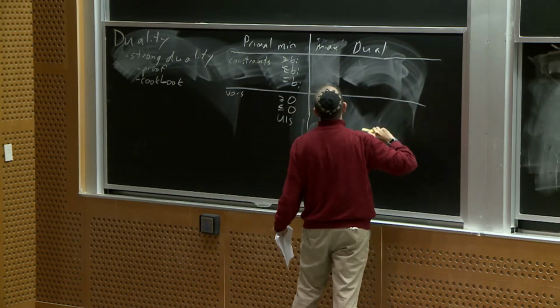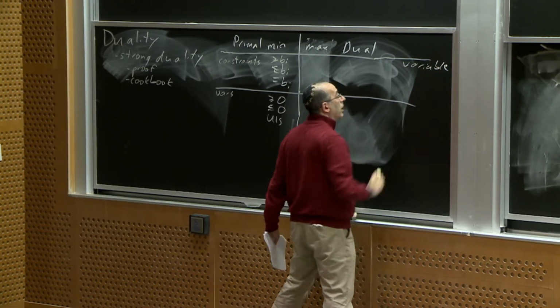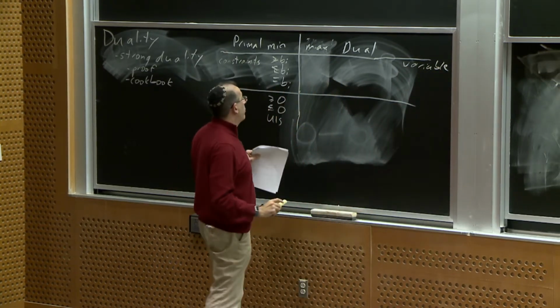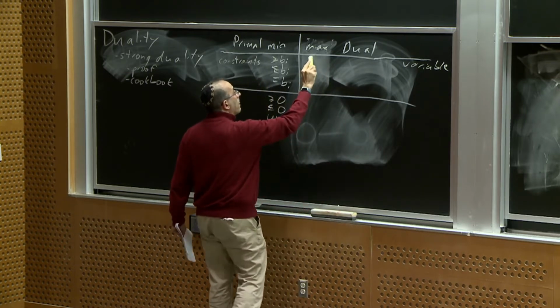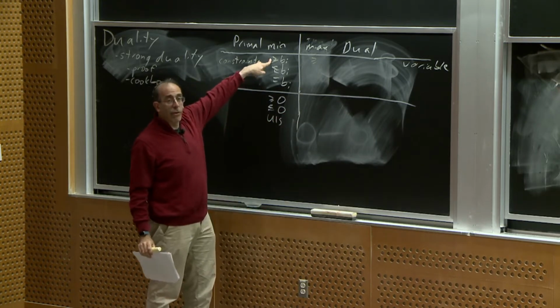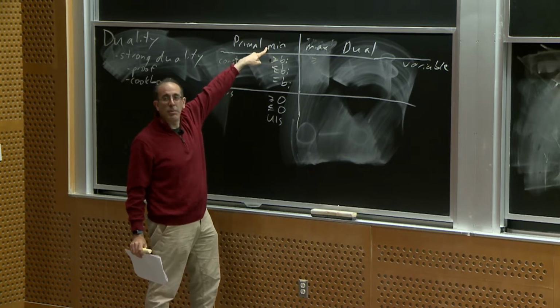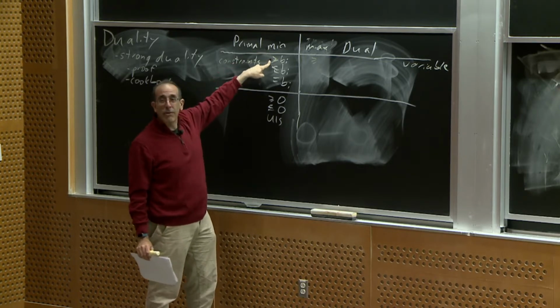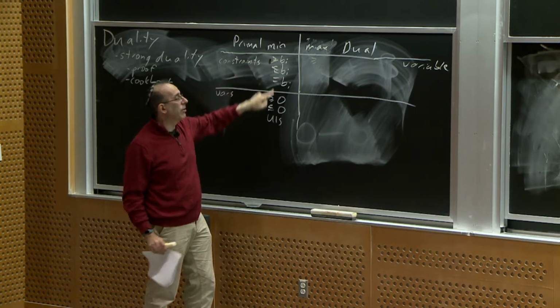And what we know is that every constraint in the primal problem corresponds to a variable in the dual problem. And if the constraint is the natural direction of constraint, right? If in the primal problem you have a minimization problem, so it's natural to imagine lower bounds, greater than or equals.